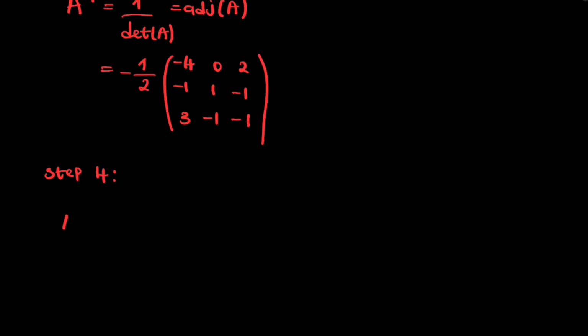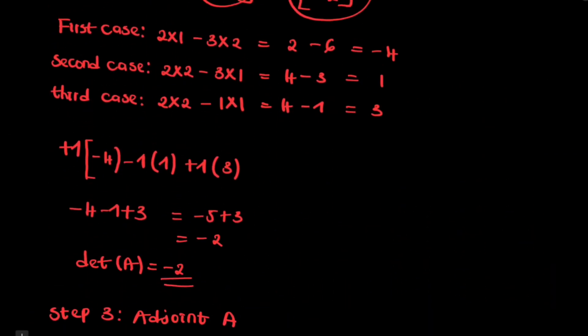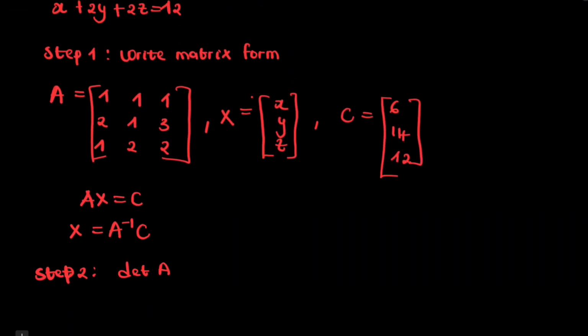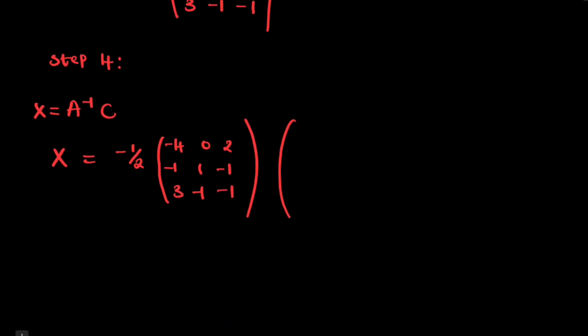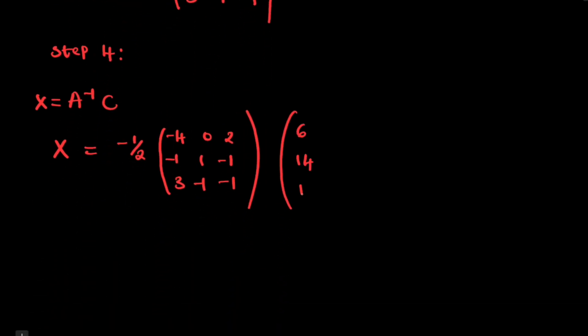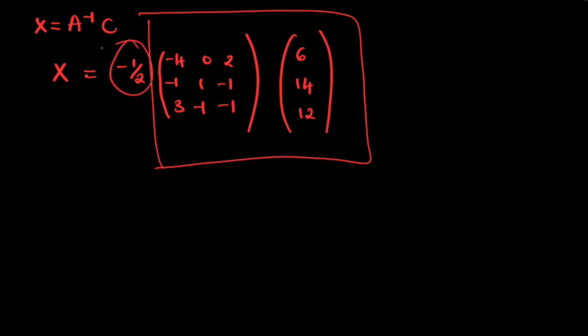Which is to take A inverse times C. So X is equal to minus half times the matrix minus 4, 0, 2, minus 1, 1, minus 1, 3, minus 1, minus 1 times C. What was our C? 6, 14 and 12. Okay, so now let's do this multiplication first before adding this.